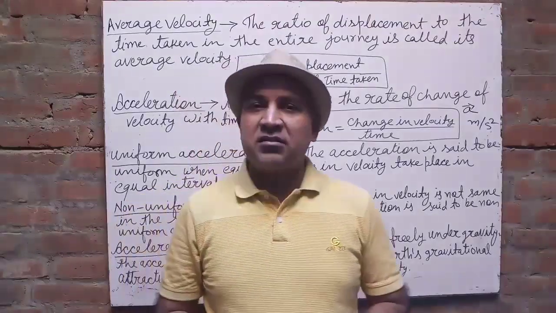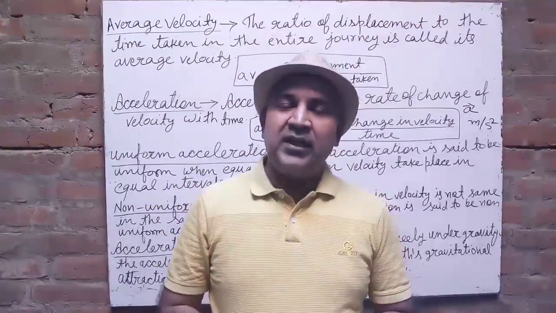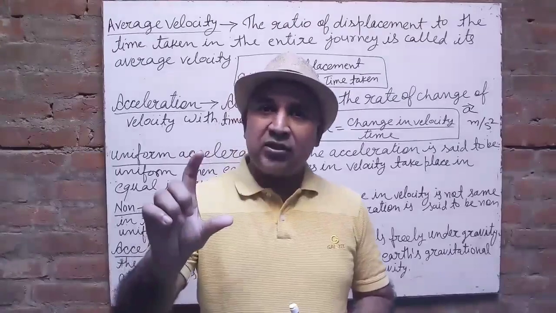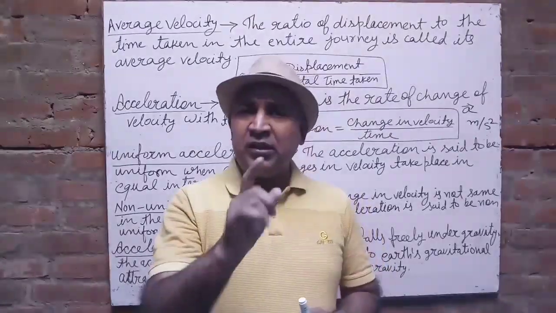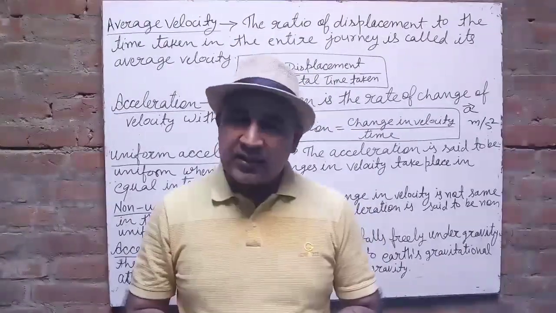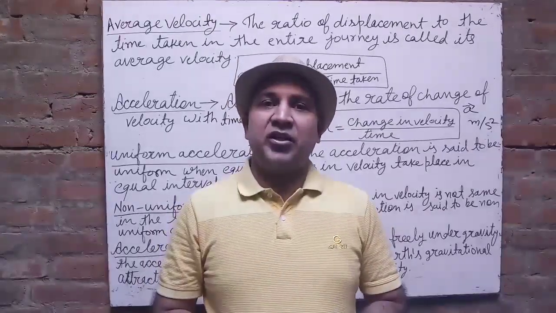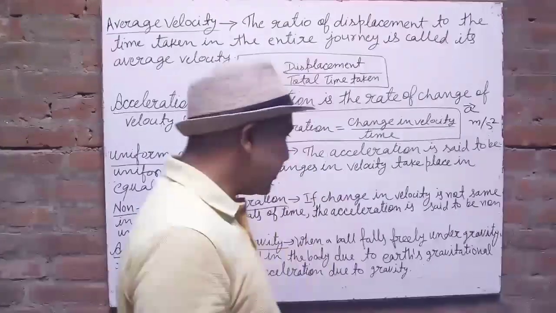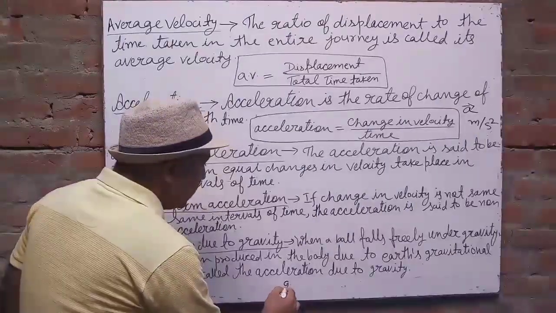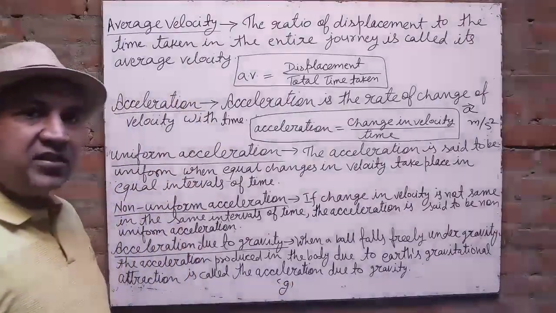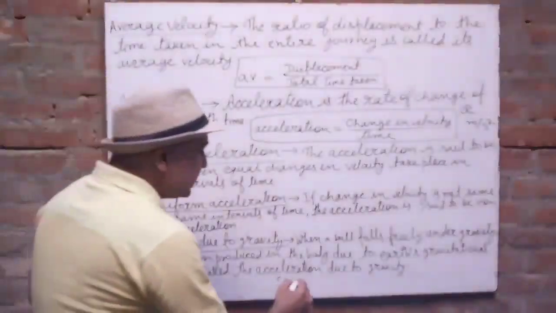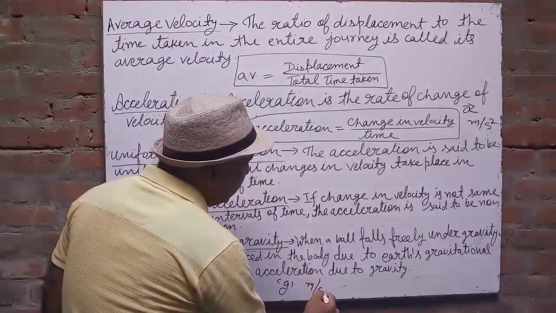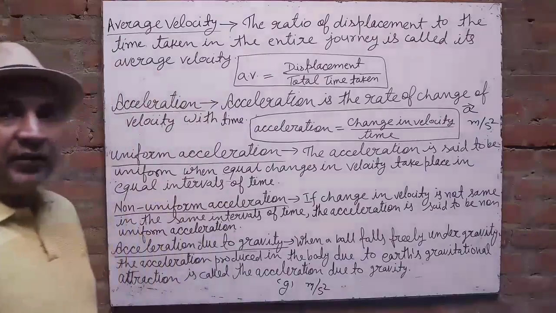From where is this acceleration coming? That acceleration is produced in that object because of the gravitational attraction. And that is why that acceleration is termed as acceleration due to gravity. It is denoted by small g, and its unit is also meter per second square.